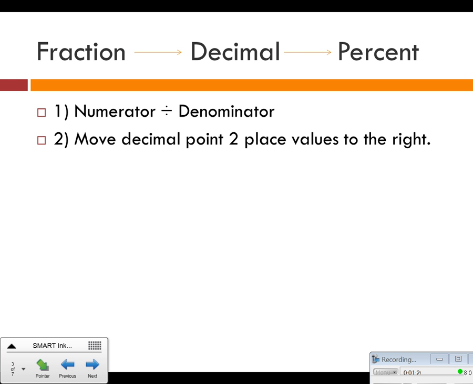So a couple examples here. Let's say we have the fraction 3/25 and we want to turn that into a percentage. We can start by turning it into a decimal. We take our numerator, divide it by our denominator, and we get 0.12 as our decimal.